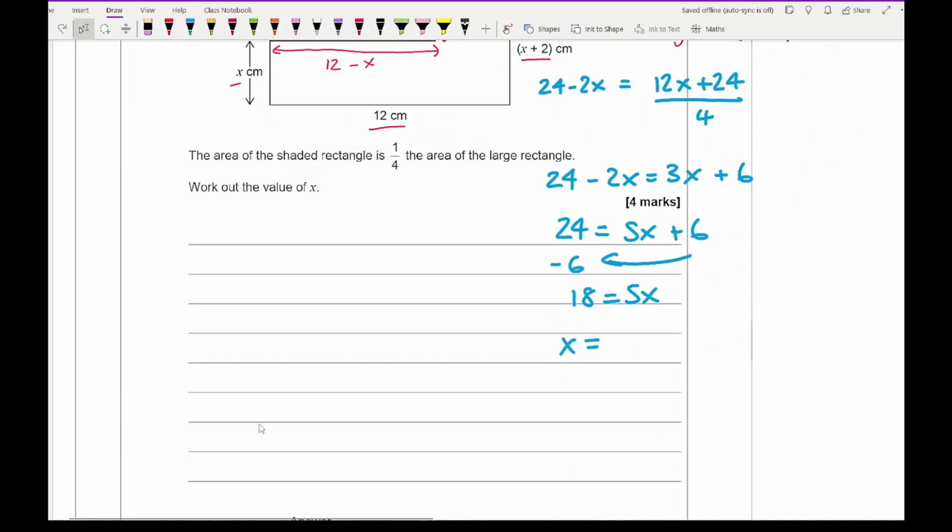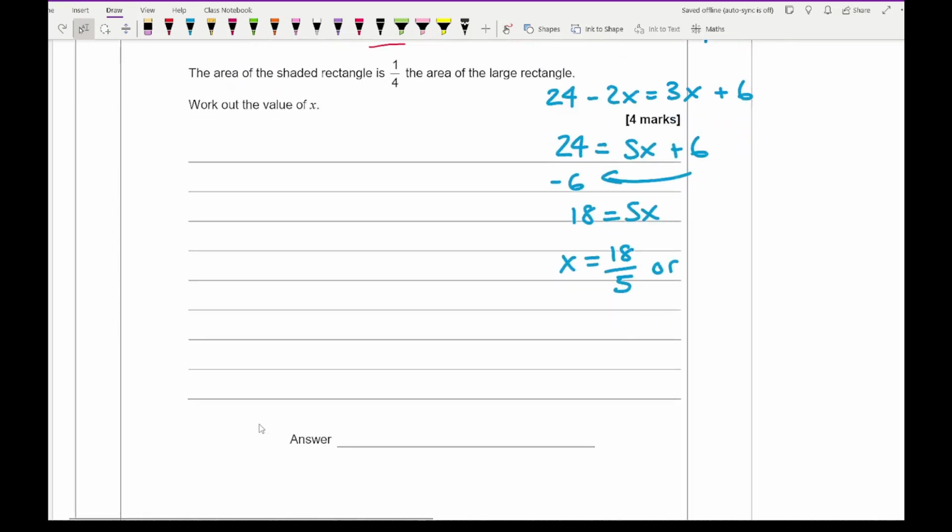So x equals 18 divided by 5, or I could write that as a decimal, which gives me an answer of 3.6. I'd probably leave your answer as 18 over 5.